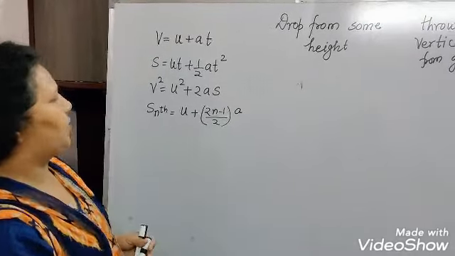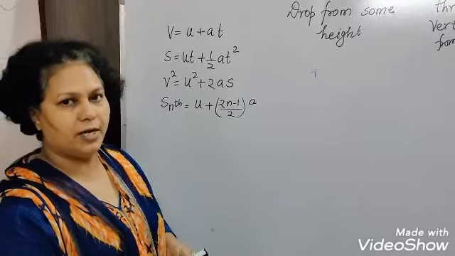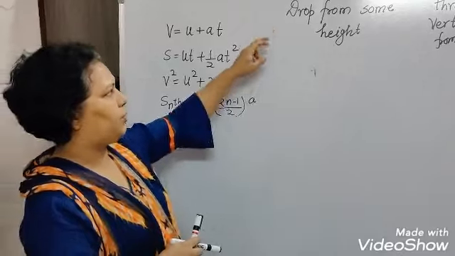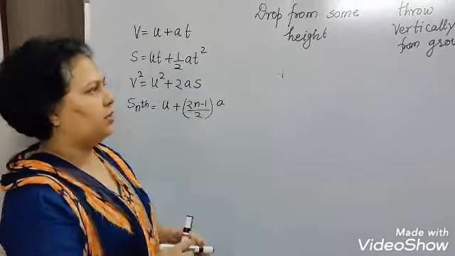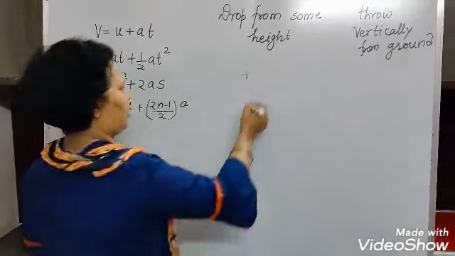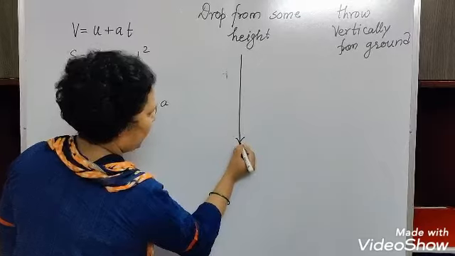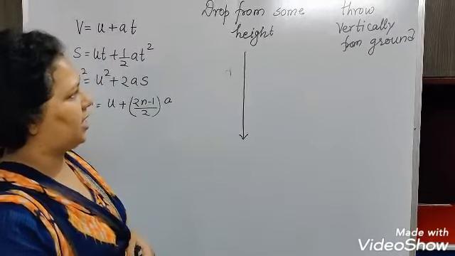These three equations of motion we'll see with respect to vertical motion. Vertical motion means if we drop any object from some height, the object will travel in a vertical line, in a straight line, and this is also considered as motion in a straight line.